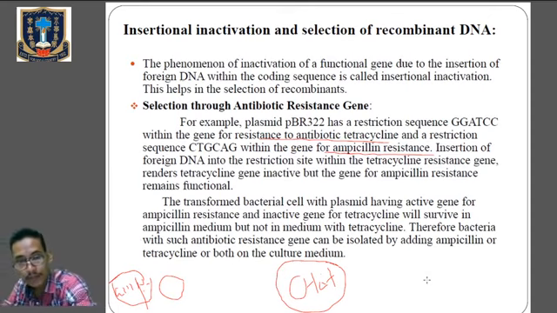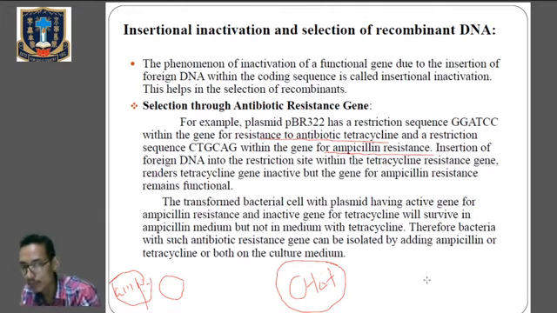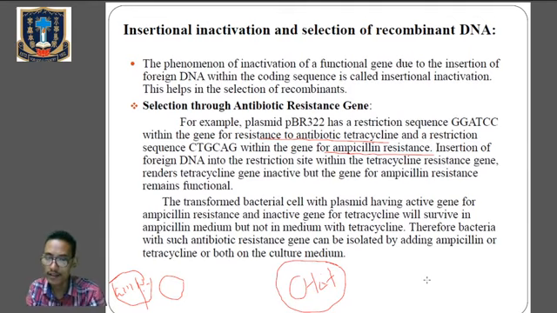So those bacterial cells which have undergone transformation will not survive in a medium containing tetracycline. But those bacterial cells which have not undergone transformation, which do not have recombinant DNA, will survive in a medium containing tetracycline.